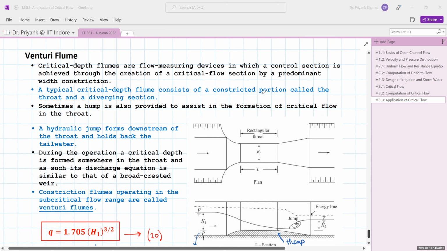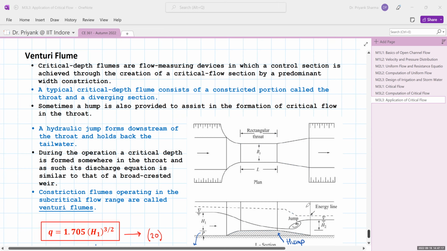The constricted portion is called the throat, and there is a diverging section also. The hydraulic jump is formed in the downstream part. Here you can see the constricted section, and sometimes a hump is also provided in order to form the hydraulic jump in the downstream.